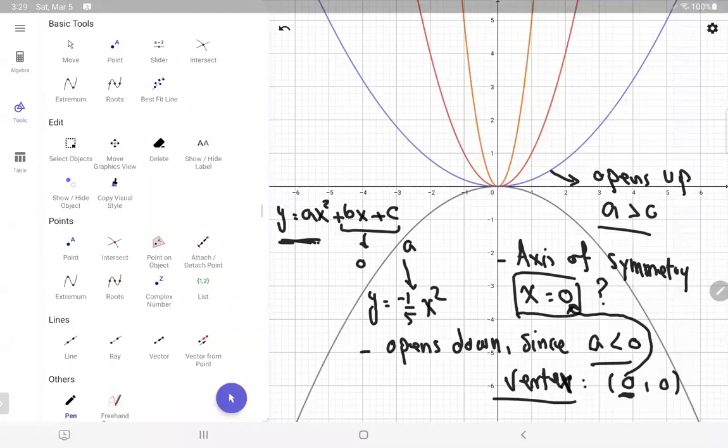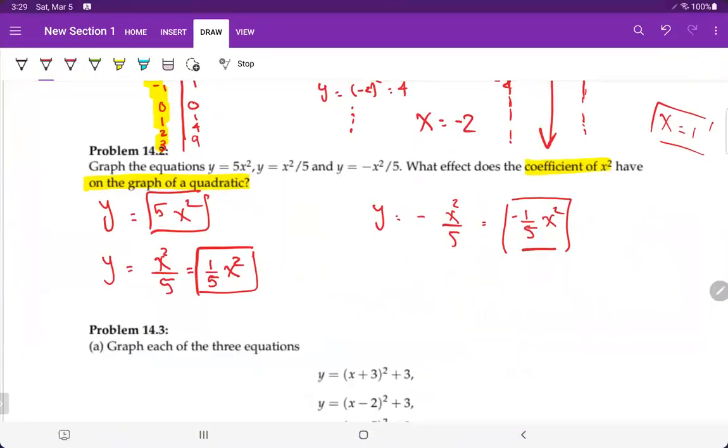So let's go back. We explained the effect of the coefficient. So this is, let's say, slim, opens up. This is, let's say, fat or wide, whatever you like to call it, opens up.